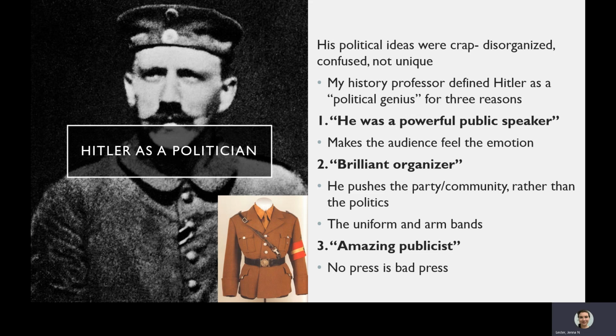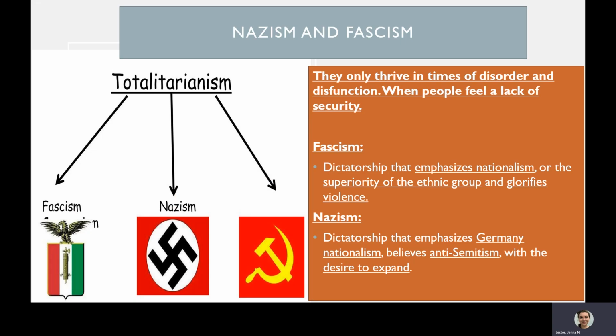Okay, next slide. So Nazism and fascism. Nazism and fascism are two different forms of government, but are similar. They both only thrive in times of dysfunction, when people lack security. Basically, this is true for any extreme form of government.